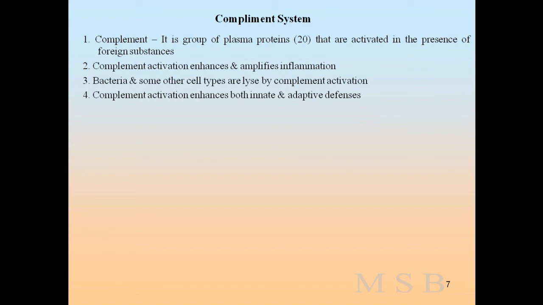Now, after the discussion on the innate immune system, let us now study adaptive, acquired or specific immunity. Adaptive or acquired or specific immunity is the third line of defense and is composed of highly specific cells and processes to eliminate pathogens or prevent their growth.